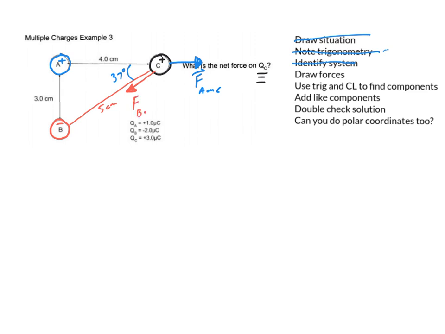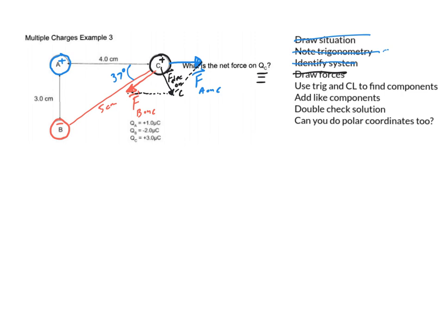B on C. Which means that I'm expecting the net force to be a little bit right, but mostly down. Okay, that's my expectations. Okay, forces are drawn.